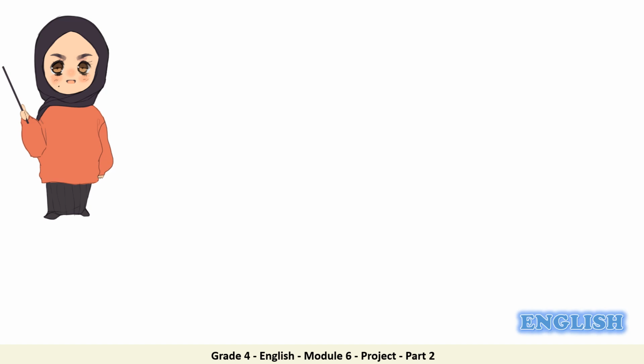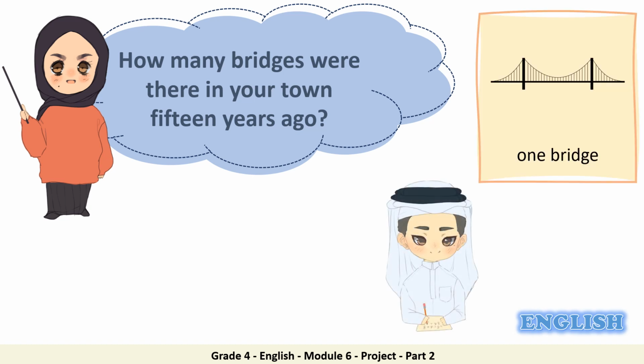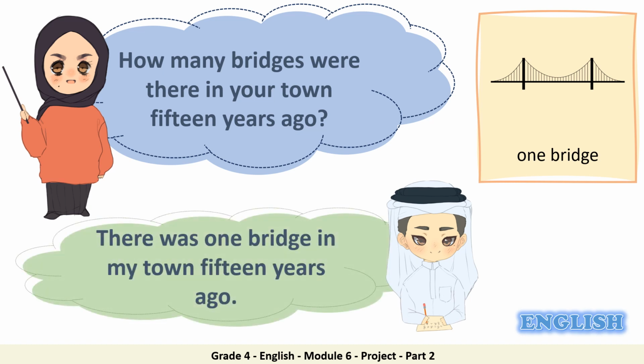Let's move on. How many bridges were there in your town 15 years ago? It's mentioned 1 bridge. Can you help Ahmed? The answer is, there was 1 bridge in my town 15 years ago.